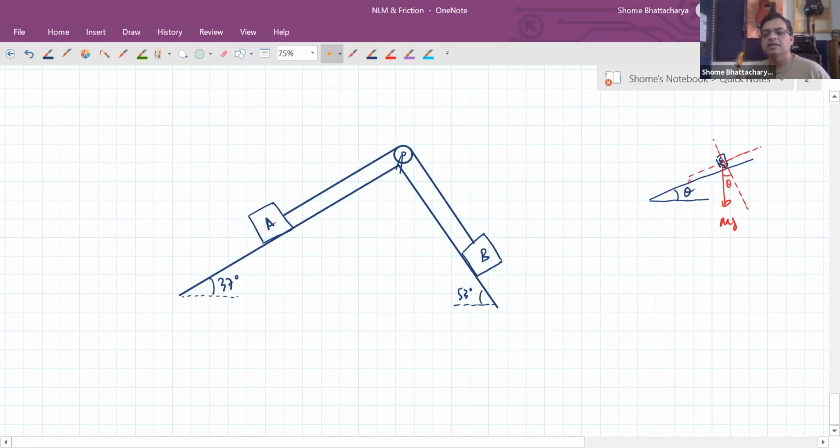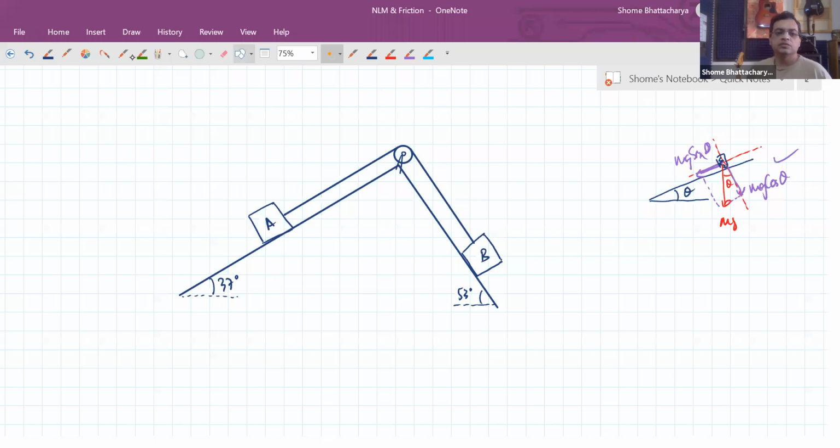And this angle is always theta. When we resolve it into components, the component of weight which is normal becomes the cos component, provided we are talking about the angle with the horizontal for the inclined plane. And the component which is parallel to the inclined plane becomes mg sine theta, the sine component. So this thing we will implement from the beginning.